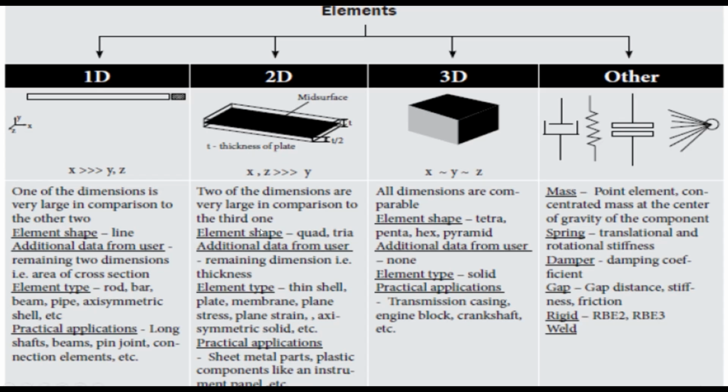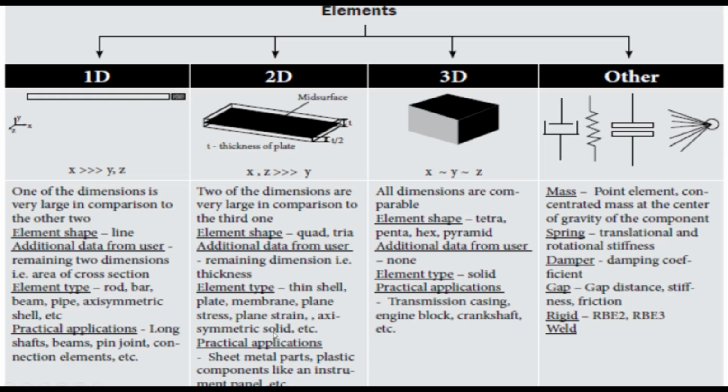Here the element shapes used are quad elements and triangular elements. And we need to provide the remaining dimension, which is the thickness, to this element. The element types are thin shell, plate, membrane, plane stress, plane strain, axisymmetric solid, etc. These are the types of 2D elements available.